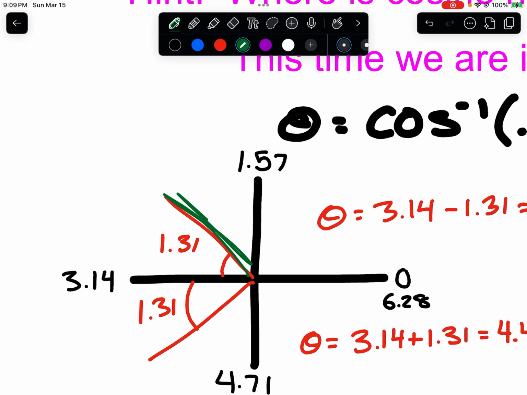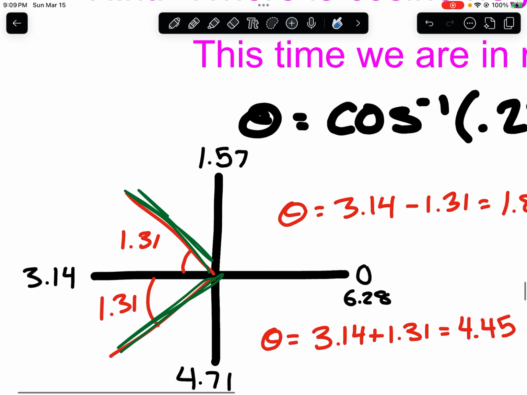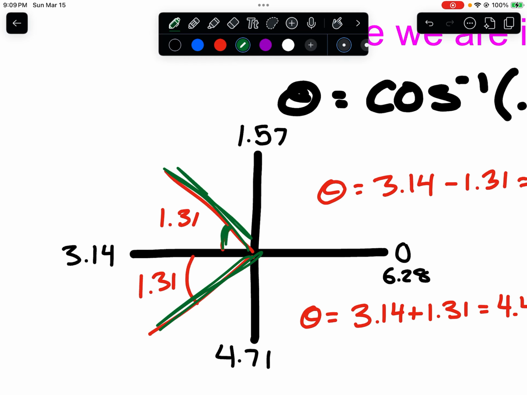So cosine is negative in quadrants 2 and 3, so that's how I know it's somewhere here or here. And when I plug that in, I plugged in the positive 0.2541. I didn't plug in the negative to get that reference angle value, which is going to be key for us. But then that 1.31 is this part here and this part here, which just like in the last one, we did 180 minus a value and 180 plus a value.